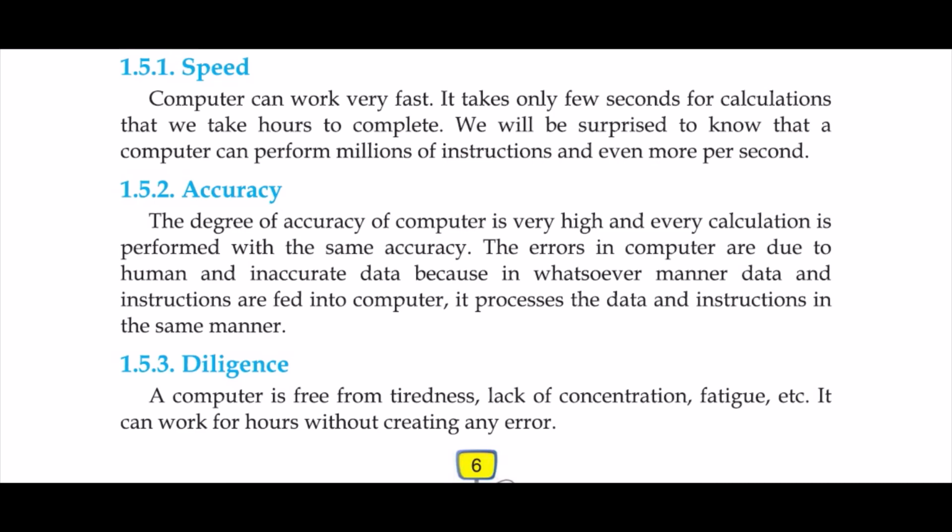So whatever the user inputs, if the user inputs wrong data, the output will be wrong. The computer is not going to judge whether the data is right or wrong. It is going to process the data given to it. That is why errors occur, but it will be a human error.